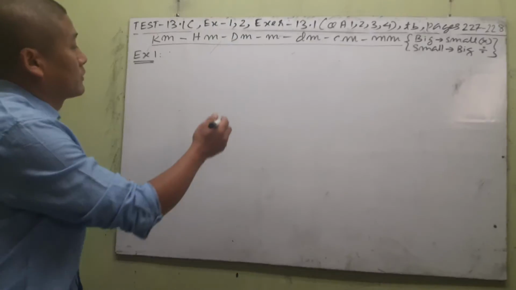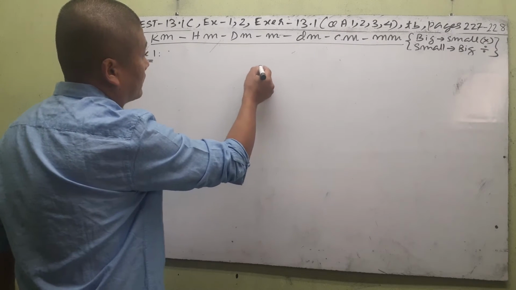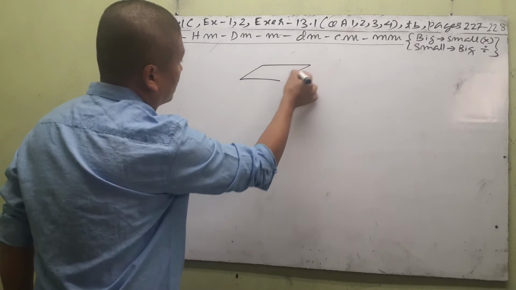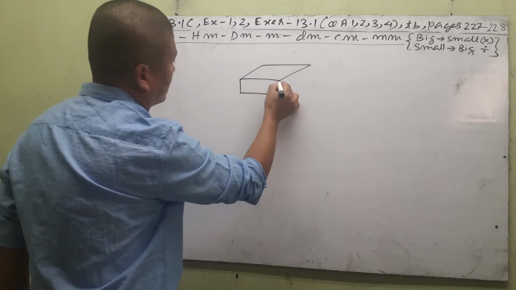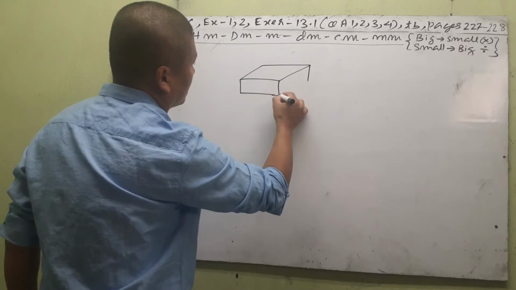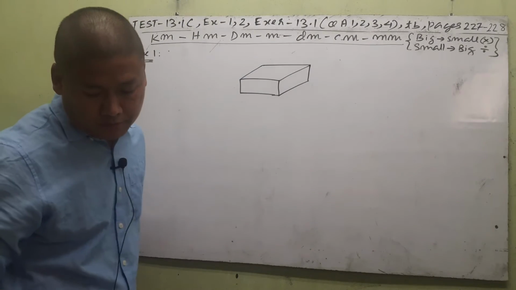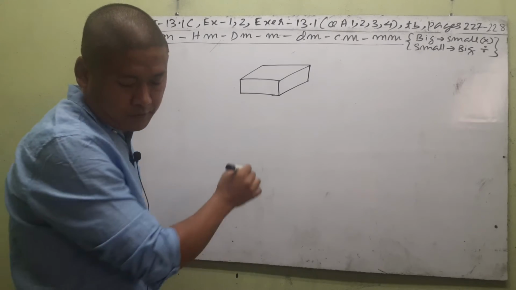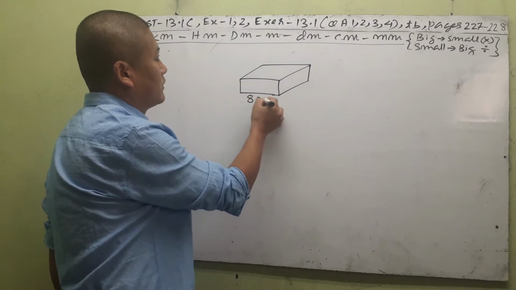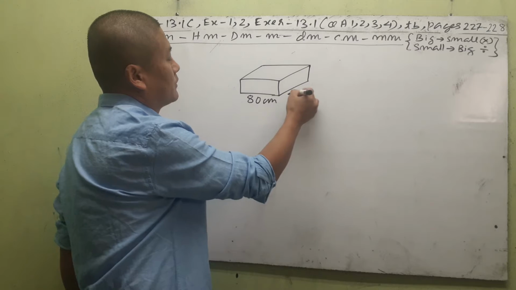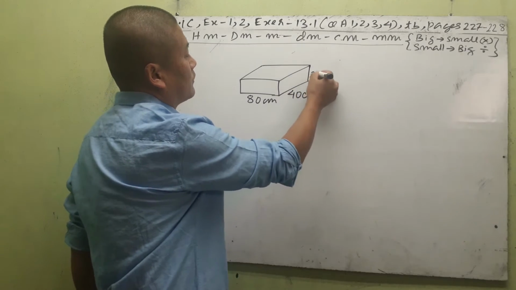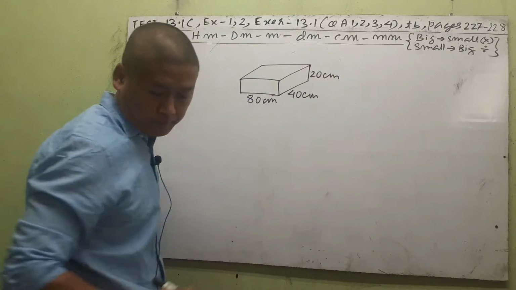So let's draw the box. The box is something like this. On this box she is going to place the Christmas tree. The dimensions are clearly given: 80 centimeter length, 40 centimeter breadth and 20 centimeter height.